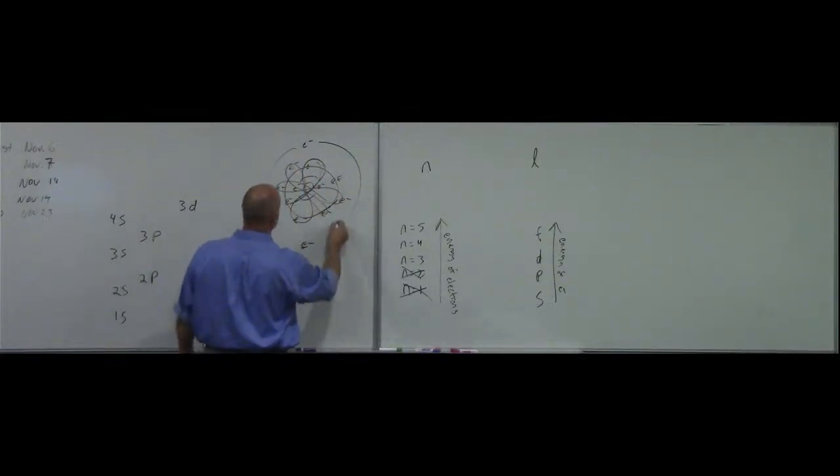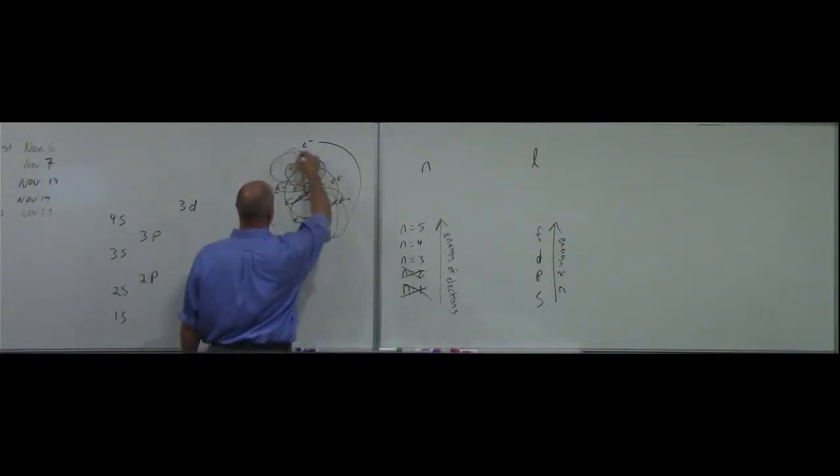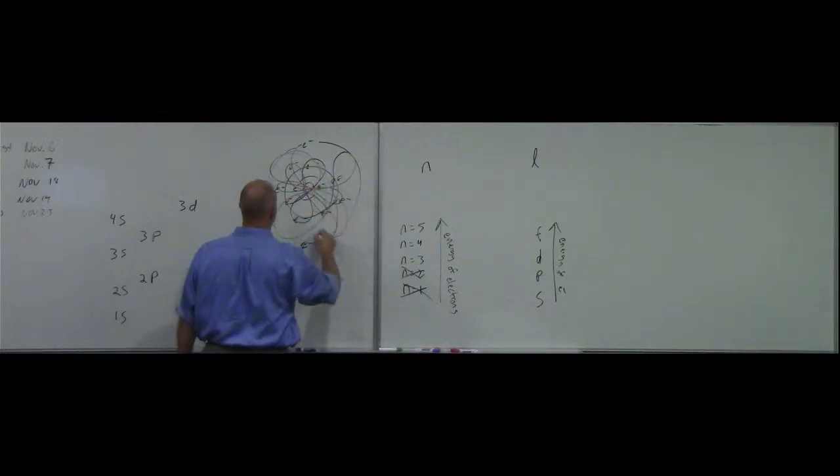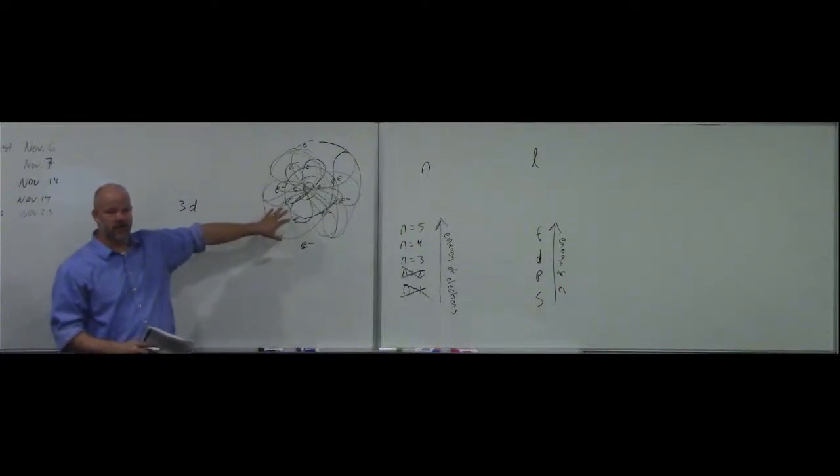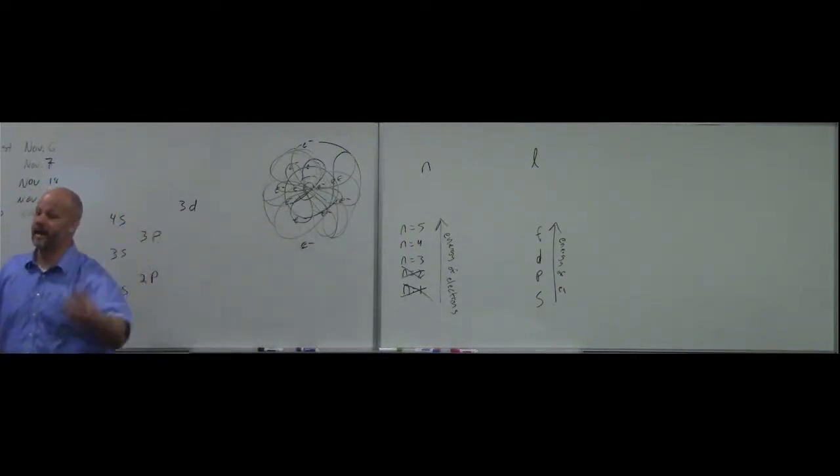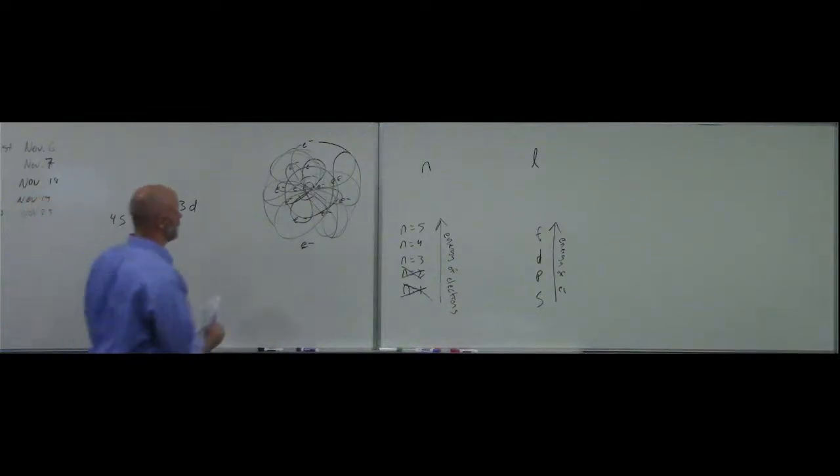And now it's getting to be a hot mess. And we're starting to fill a lot of this space. I've already got, right now, 8 electrons in this space, and I'm about to add the 9th, and then the 10th.